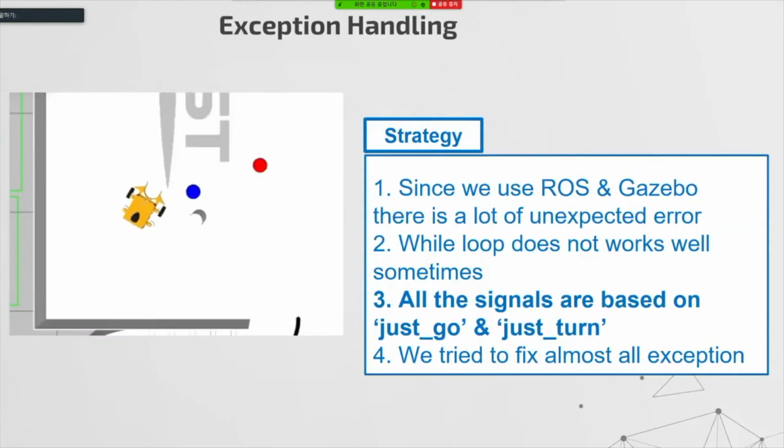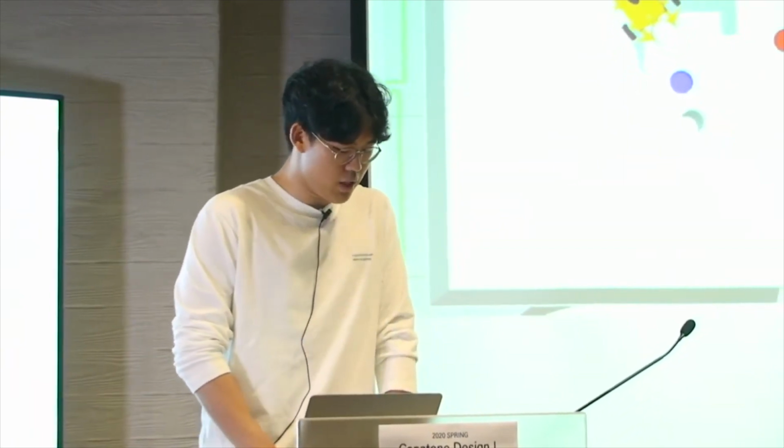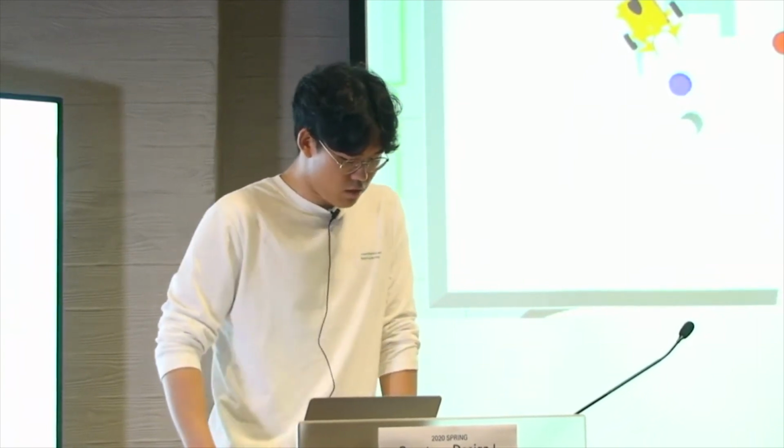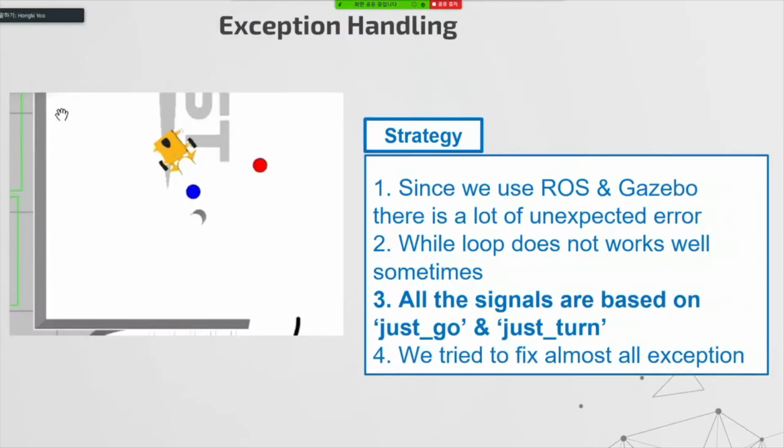So for the end of our presentation, we're going to talk about our unique point: exception handling. Due to the nature of ROS and Gazebo, errors are sometimes difficult to predict. In almost every case, a compensate macro is ready to overcome this.